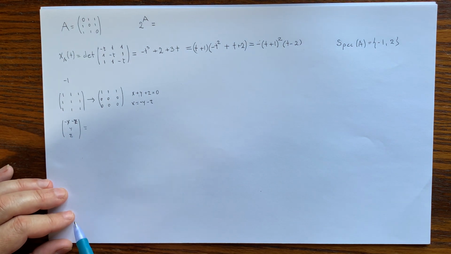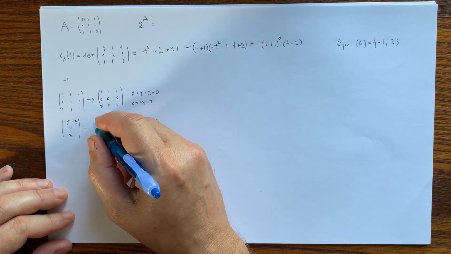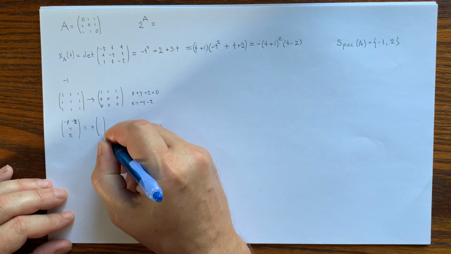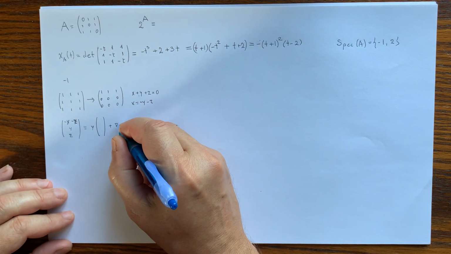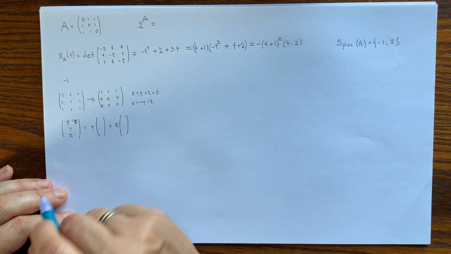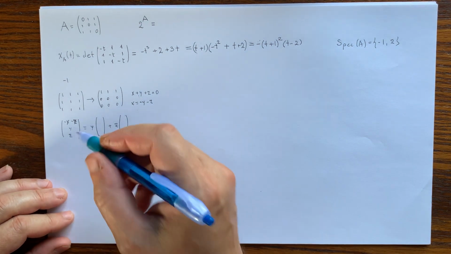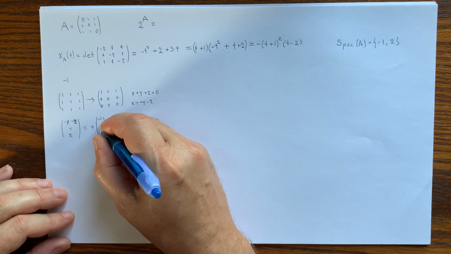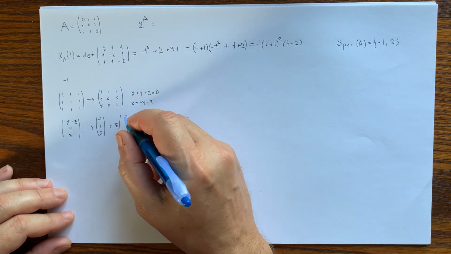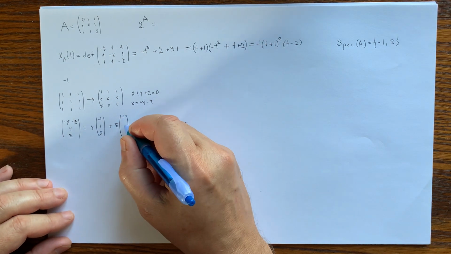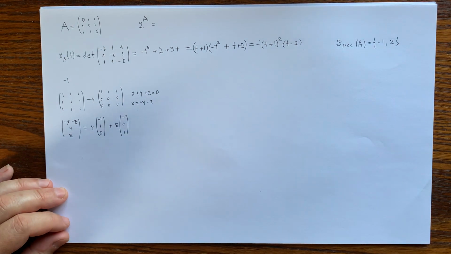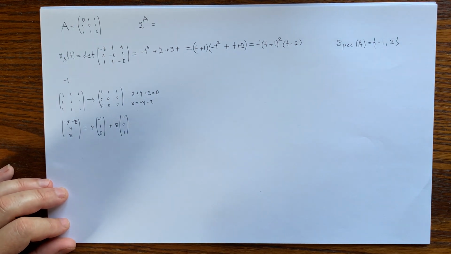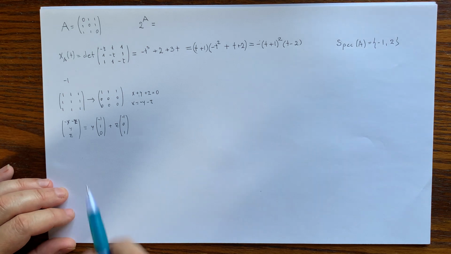And then grouping for y and z components of the generic solution, we will have the following two basic vectors: -1, 1, 0 along the y coordinate, and -1, 0, 1 along the z coordinate. So these are the two basic vectors which generate the solution space of the system.